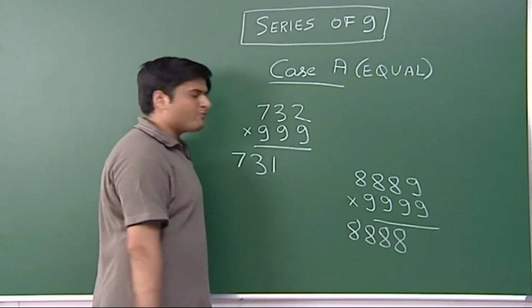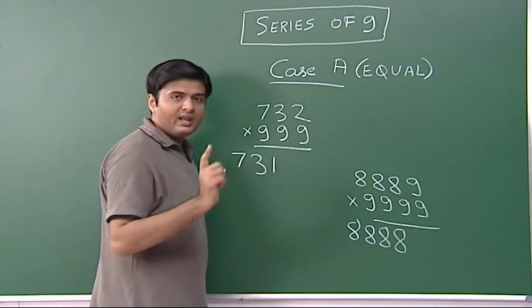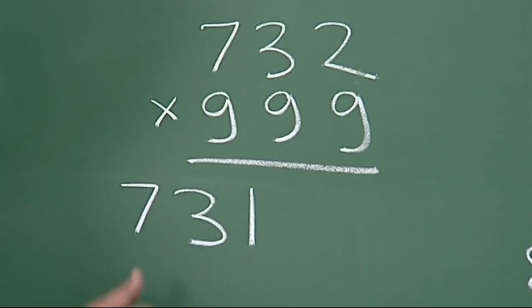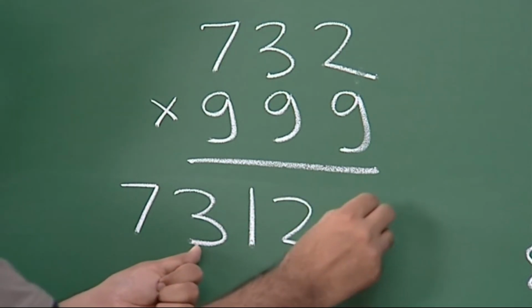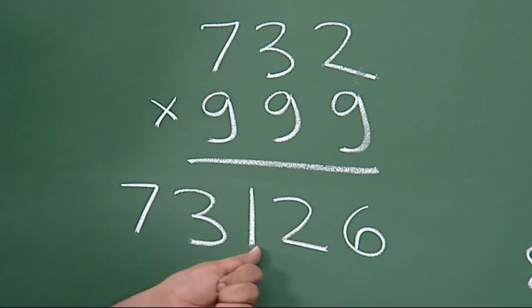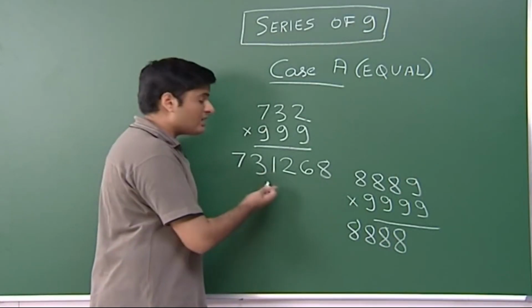And next what you have to do is, you have to subtract each of these digits from 9 and write down. 9 minus 7 is 2, 9 minus 3 is 6, 9 minus 1 is 8. My final answer is 731268. You see, this is our final answer.